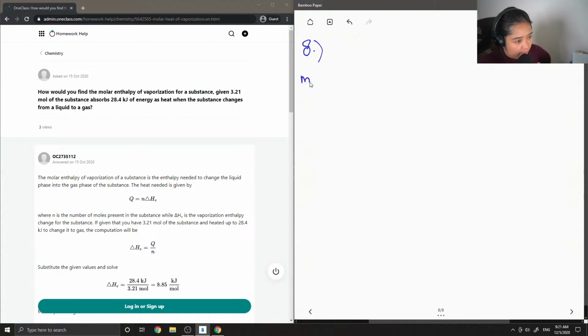Okay, so let me define the molar enthalpy of vaporization. It can be denoted as delta H vap.